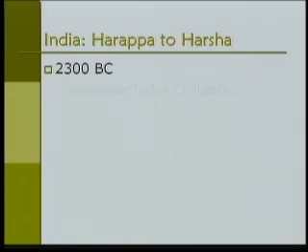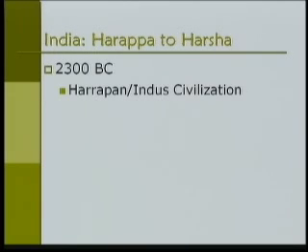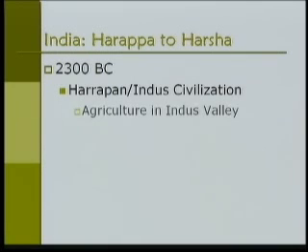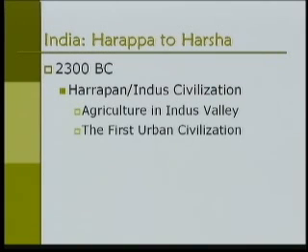About 2300 BC, you saw the rise of the Indus Valley civilization, which is also sometimes called the Harappan civilization or Harappan culture. That civilization is much more known for great agriculture in the Indus Valley. Also, this is considered to be the first urban civilization in the history of the world, not just of India, but in the history of the world.